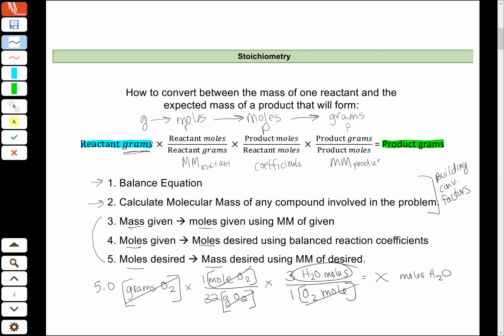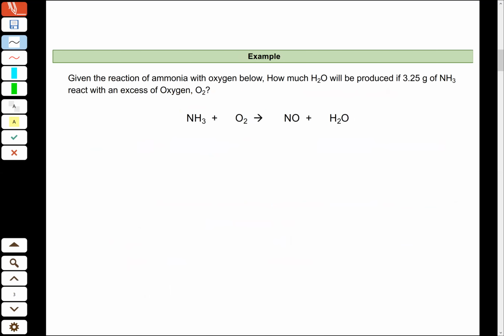All right, so this is what we reviewed last time, and it was a lot of material to cram into a class. So let's go through another example of this carefully, so that way we're all on the same page. So this is a reaction between ammonia and oxygen, and we're trying to find out how much water will be produced.